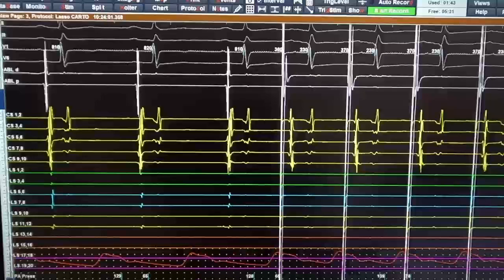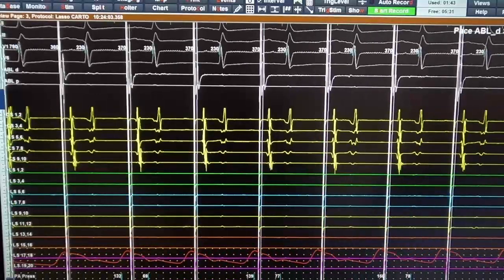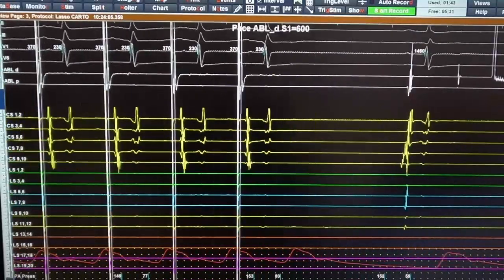We pace from the left atrial appendage, and then we observe the behavior of this potential. If it goes with delay inside the vein, it means that was a near field pulmonary vein potential.